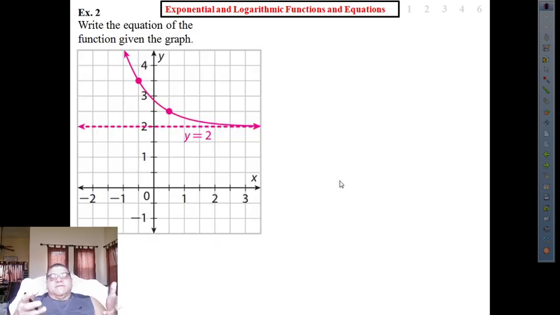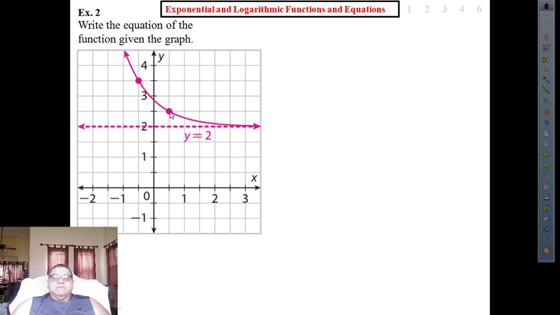And now we end up with writing equations given a function. So on your paper, copy that graph really quick, example number 2, and it reads, write the equation of the function given the graph. They give us this exponential graph, and they have an asymptote going through positive 2. They give us 2 reference points in case you don't see it from your screen.